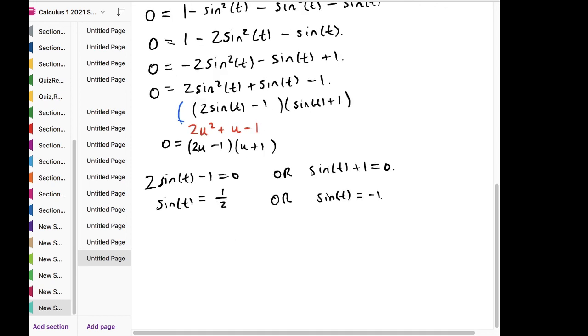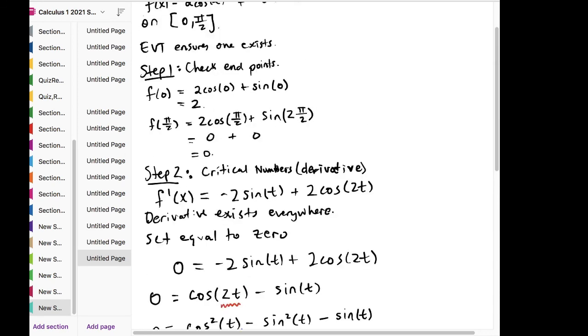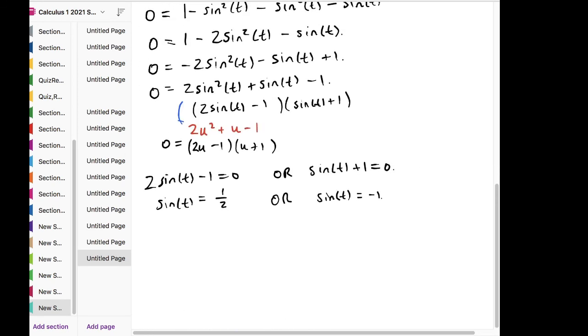So what values of t make this work? Let's remember we're on the closed interval 0 to pi over 2. So who cares about all the rest of the times?